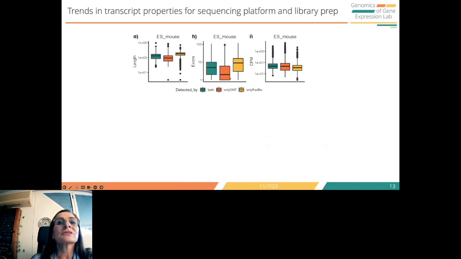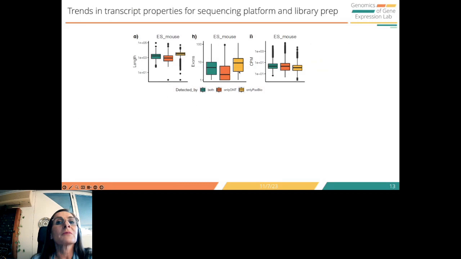But here what you can see, for example, is the length. So the length of the transcript models that were detected only by the PacBio platform were in general longer than those detected only by nanopore, and those that were detected by both have intermediate lengths. And the same happens with the number of exons.